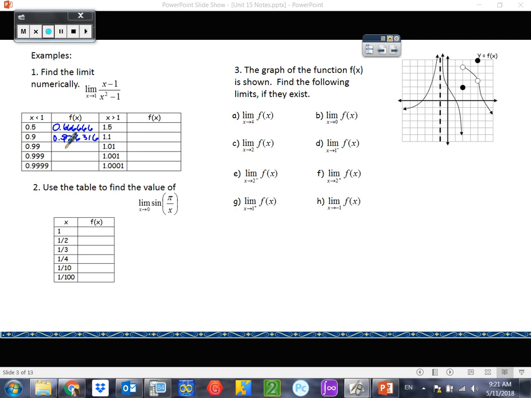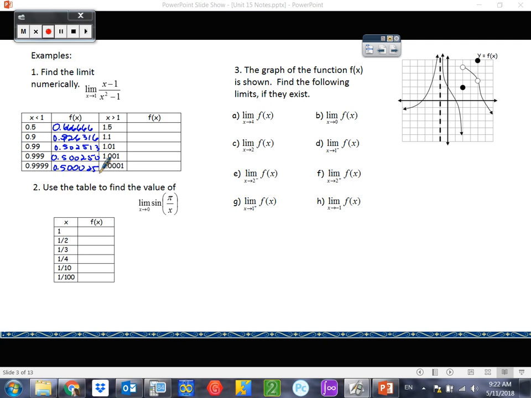0.99 is 0.502513. 0.999 is 0.500250. And then 0.9999 is 0.500025.